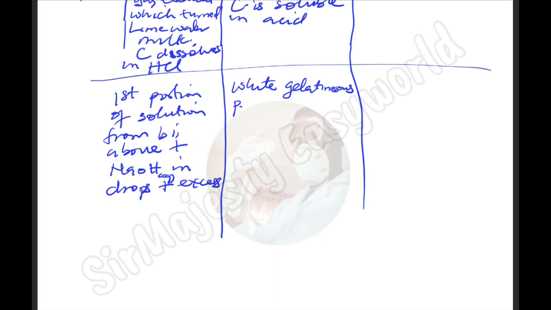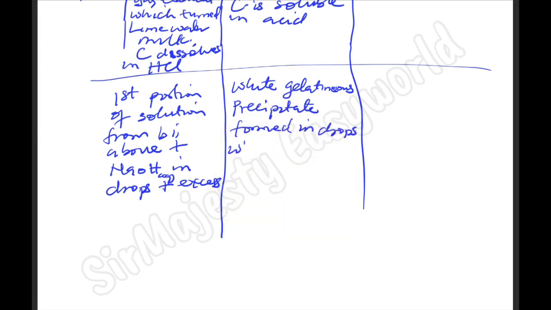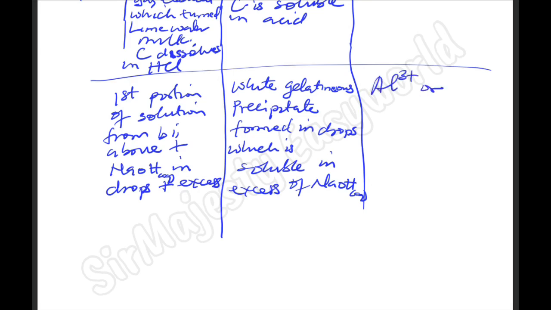You can use ppt, precipitate, formed in drops, which is soluble in excess, to form a clear solution. If you like, excess of NaOH is important, you mention it. So you just say aluminium or zinc 2 ion likely or present.